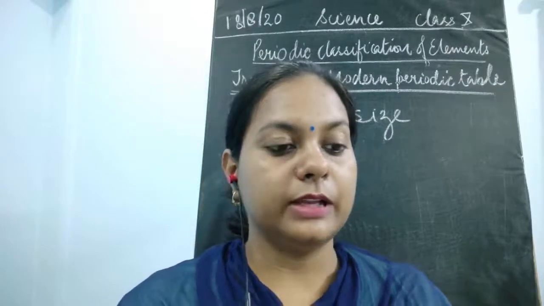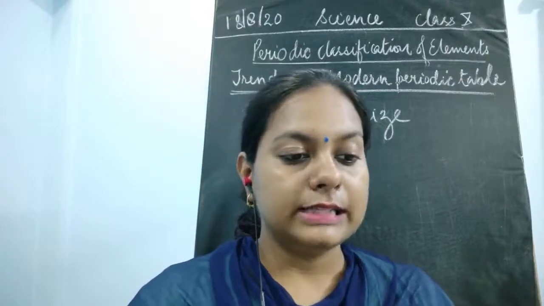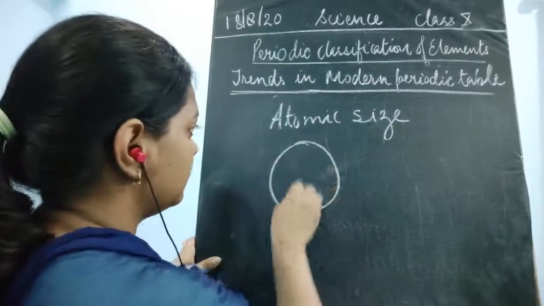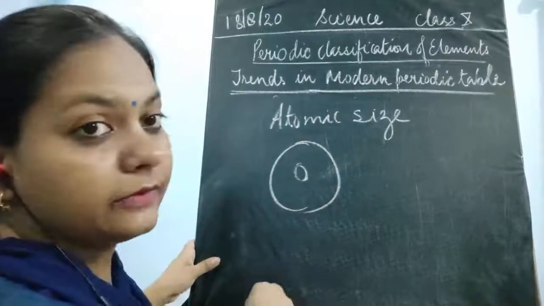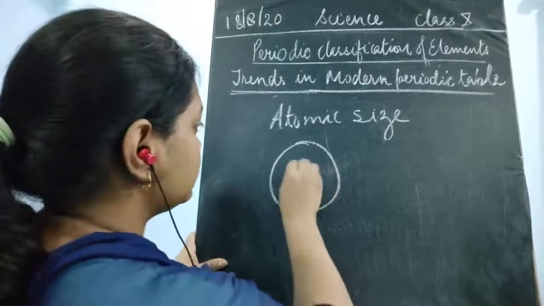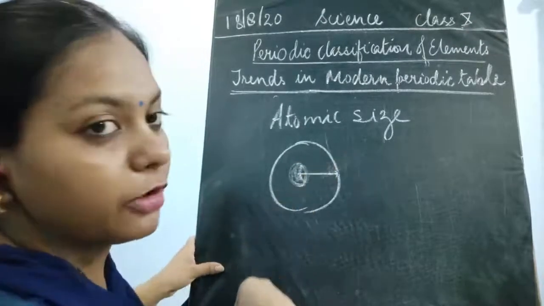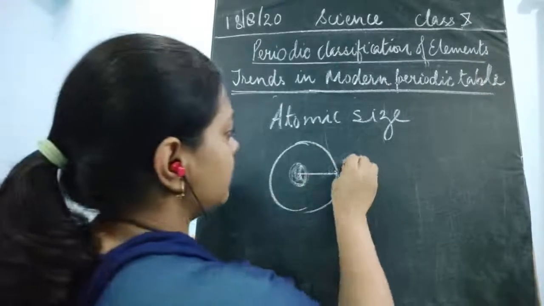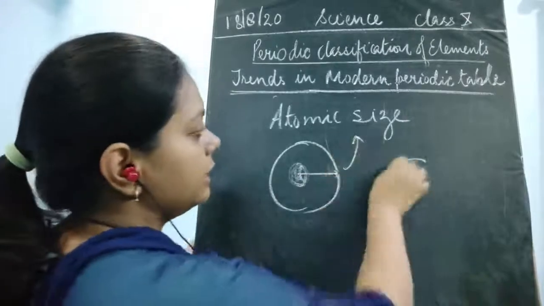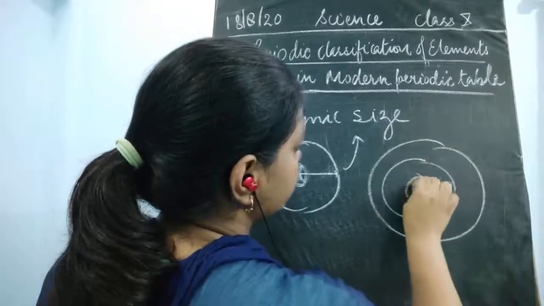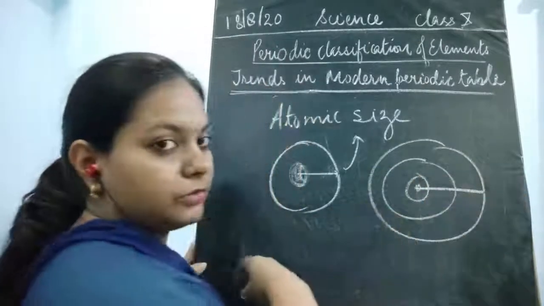It is the distance from the center of the nucleus. For example, if we draw an atom, this one is the nucleus. The distance from the center of the nucleus to the outermost electron is said to be the atomic size. If there are many shells, we say it is from the center of the nucleus till the outermost shell.